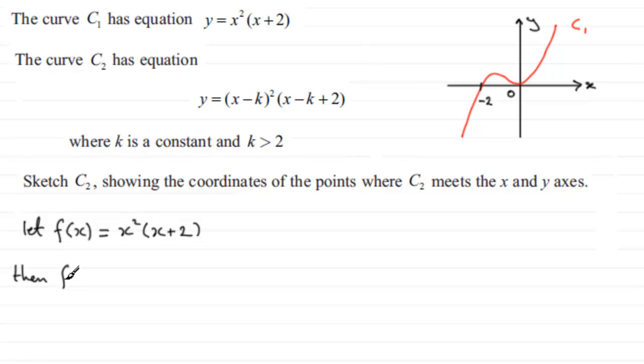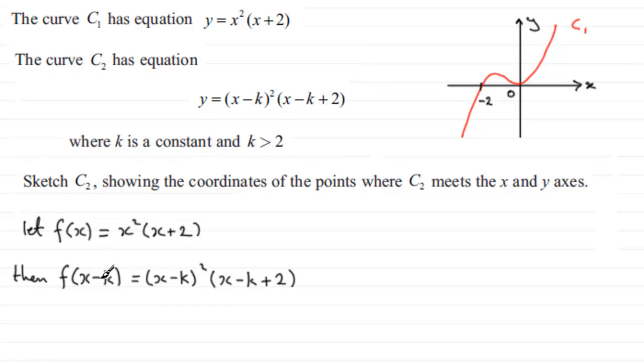In other words, I'm doing f of x minus k. And that's going to mean that I get the equation, instead of x squared, it'll be (x minus k) all squared. And instead of x plus 2, it's going to be x minus k for the x and then the plus 2. So you can see it's generated this curve C2.